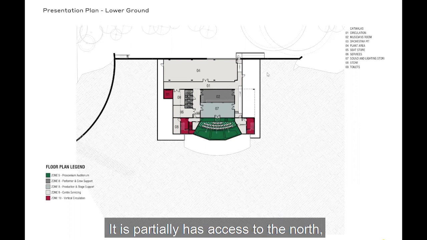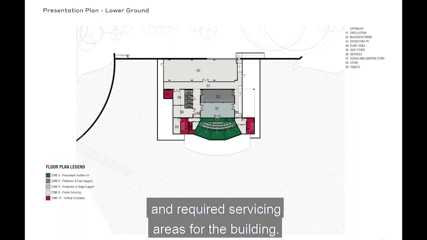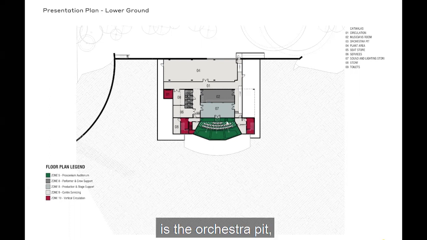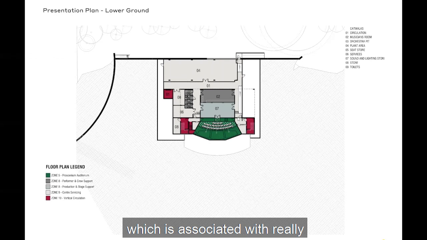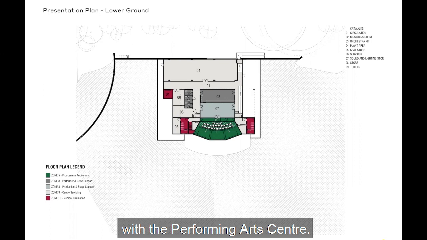It partially has access to the north, direct access to outside, and comprises plant areas and servicing areas for the building. The area in green, which you see here, is the Orchestra Pit, which is associated with really the heart of the building, the proscenium theatre, which really represents the premier facility associated with the Performing Arts Centre.